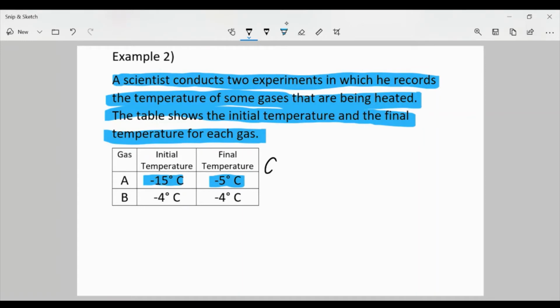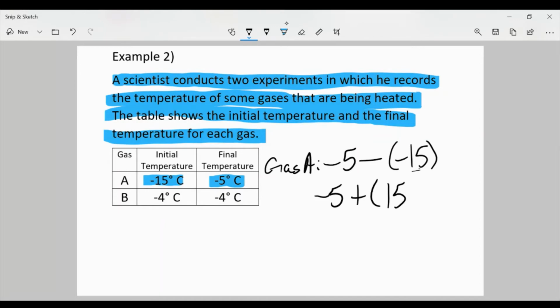So for gas A, I'm going to go negative 5 minus negative 15. Again, we want to add the opposite. I have negative 5 plus, and the opposite of negative 15 is positive 15. So negative 5 plus 15. From here, we want to subtract our absolute values because they're different signs, right?